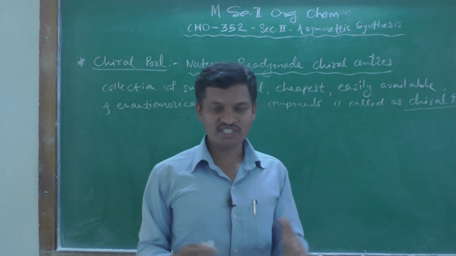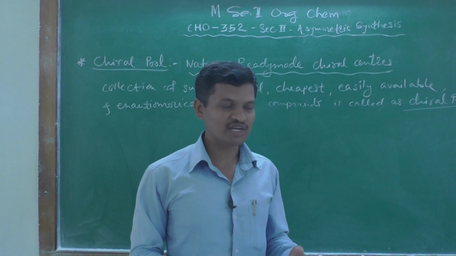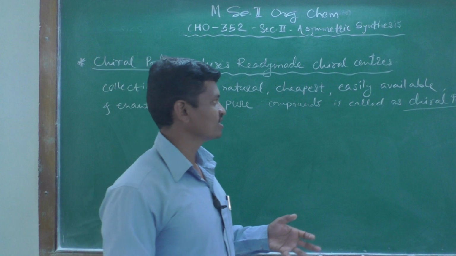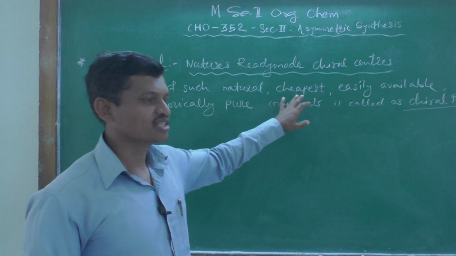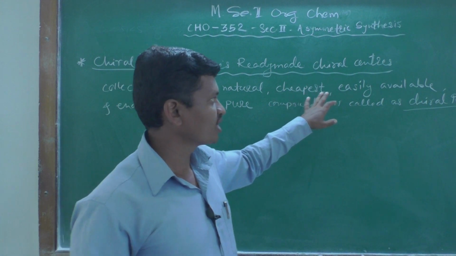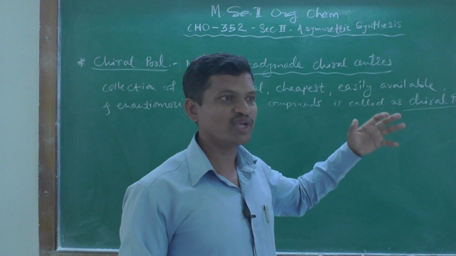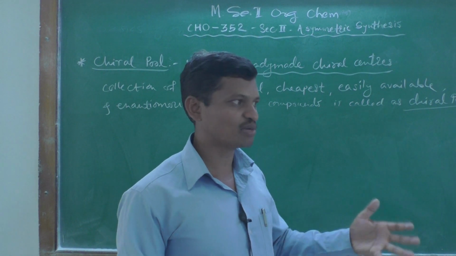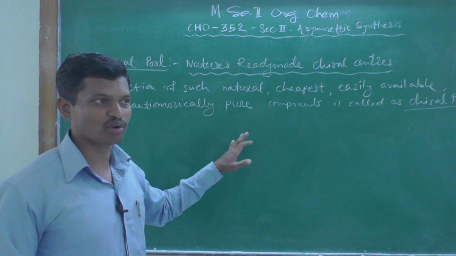Okay, so a collection of such easily available molecules or starting materials or reagents which are naturally occurring, with a cheaper source, and which are easily available, that is ready-made. We have a ready-made source of such materials, and the most important thing is they are enantiomerically pure.